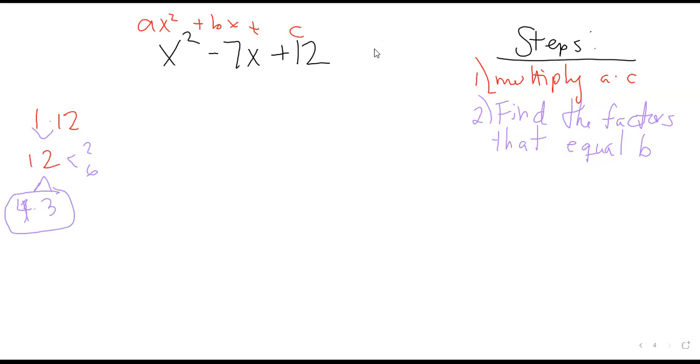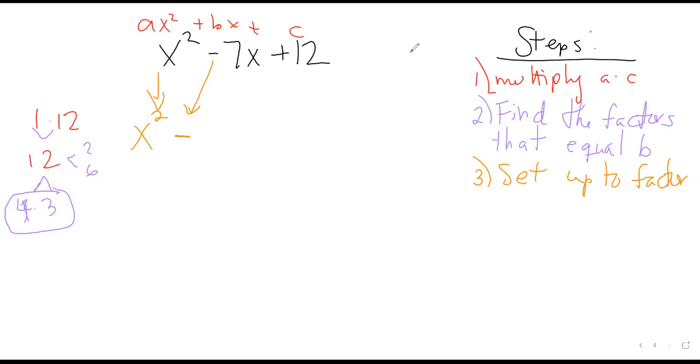So now I get to set up, change my pen. Step 3, set up to factor. Which remember, I bring down my first term, so x squared. I bring down my first sign, which is a negative.